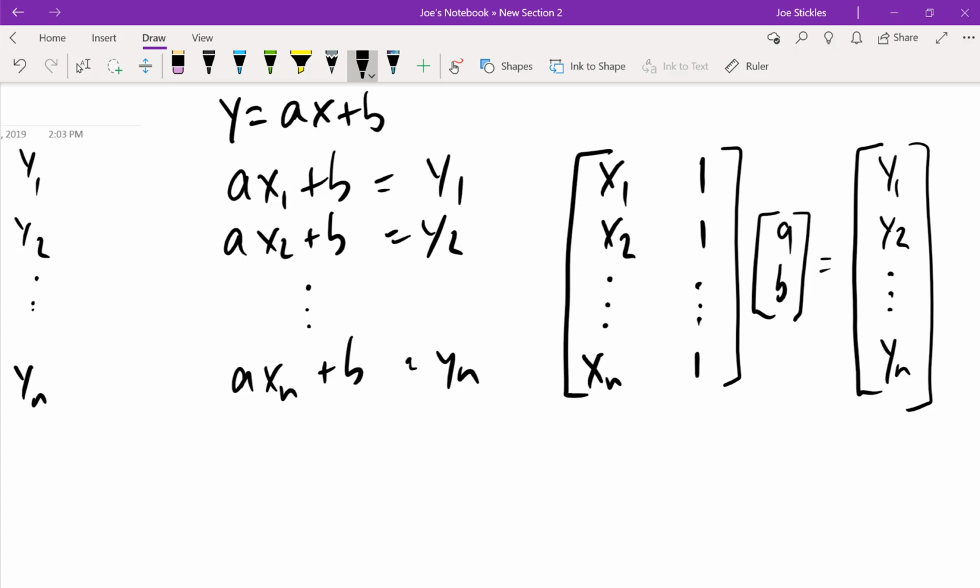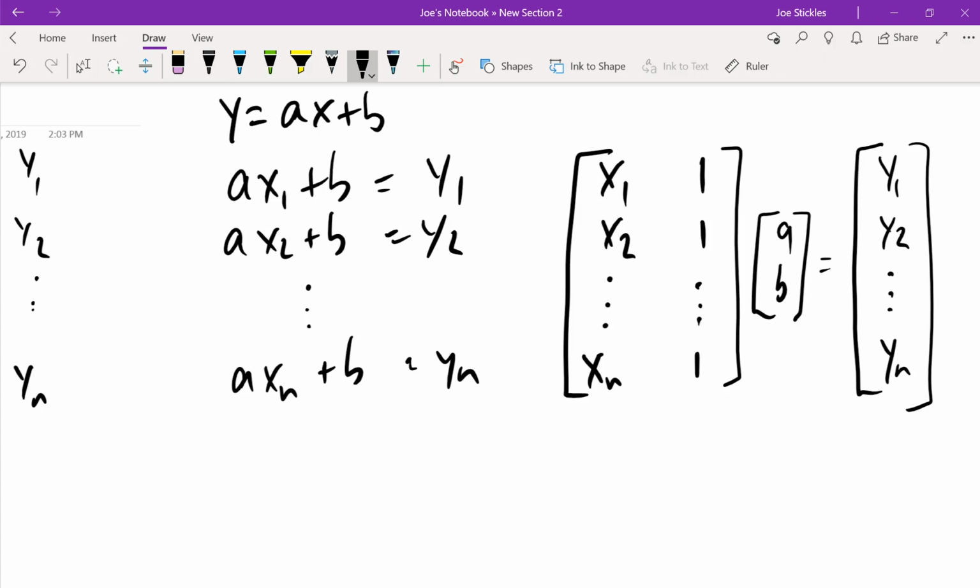So that's what the system of equations looks like. Typically we have a lot more points than we have coefficients that we're trying to solve for. So we get what's referred to as an overdetermined system. We have more information than we need to be able to solve for a and b.